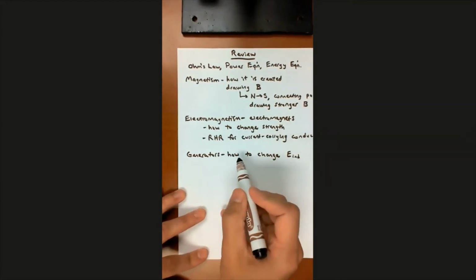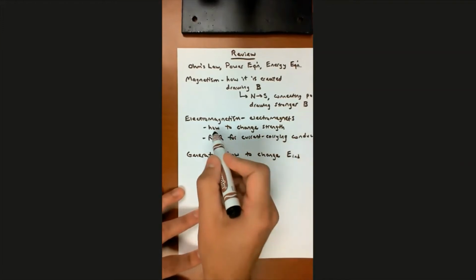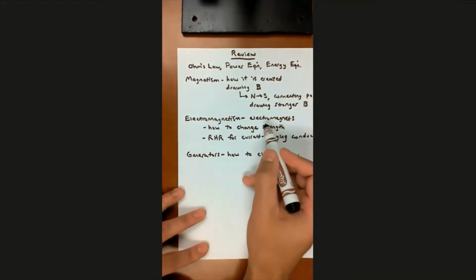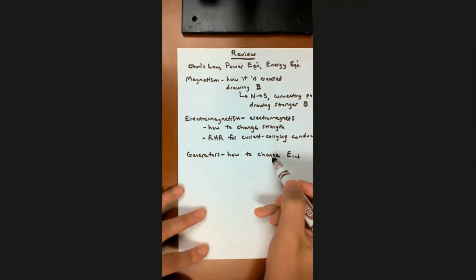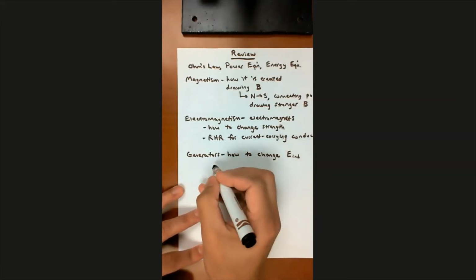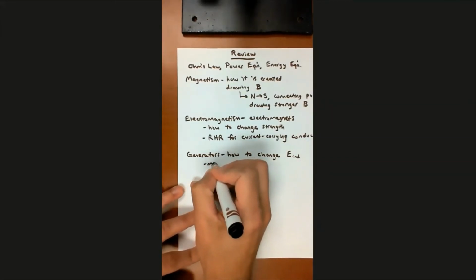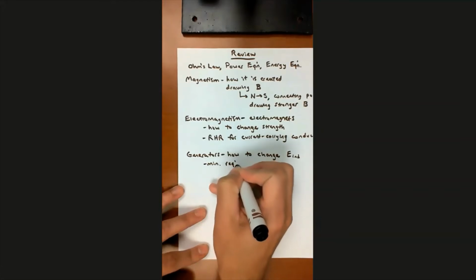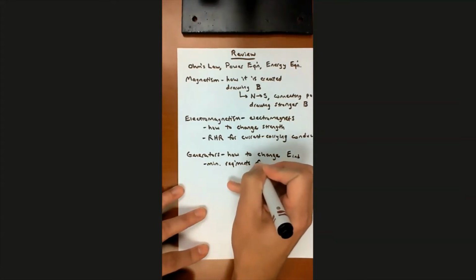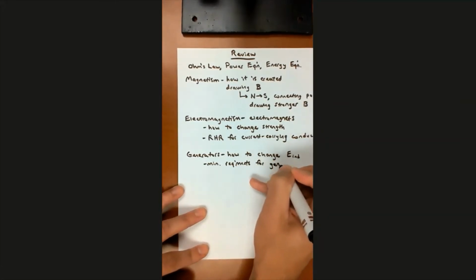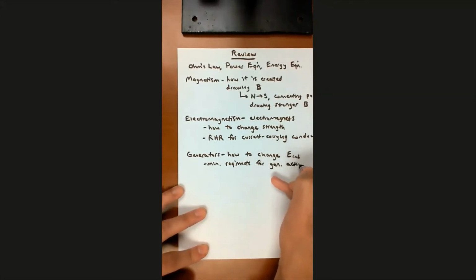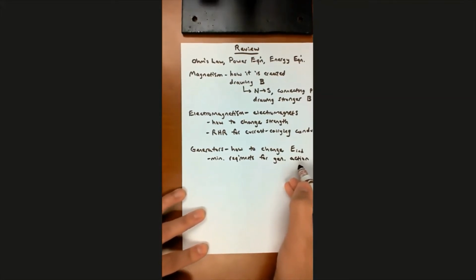How to change the induced voltage value is different than how to change the strength of an electromagnet. Those are 2 different concepts. And we talked about the minimum requirements for generator action. What are the minimum things you have to get an induced voltage?